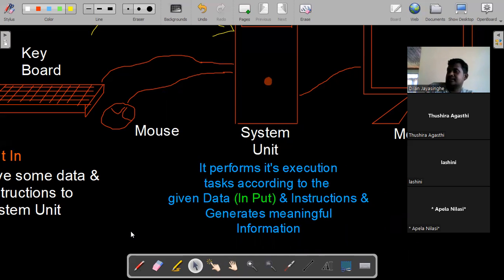Actually, executing tasks, execution, means some sort of process. Remember, when we were discussing last day, when I was explaining that example, we had already created a table in Excel and added some data, and finally what did we do?